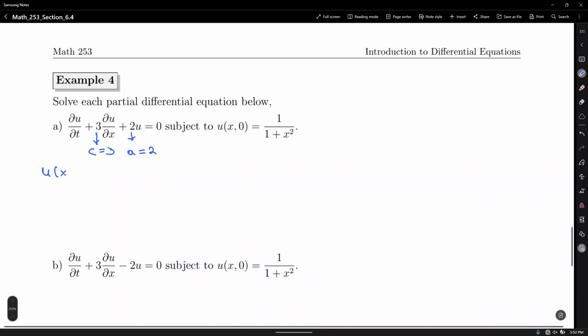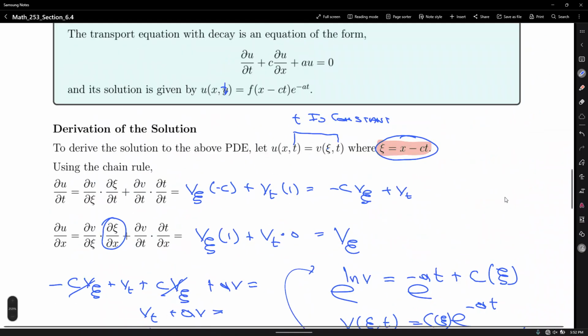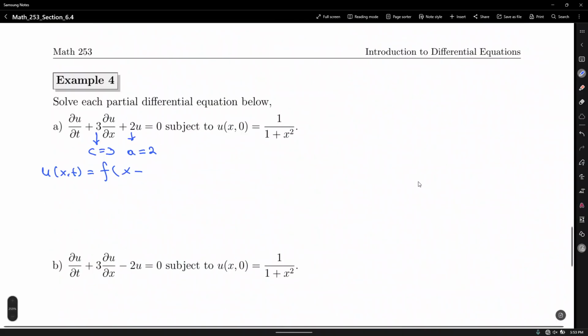So the solution u of x, t equals, what is that? f of x minus, remember? f of x minus ct times e to the negative at. Okay? So f of x minus 3t times e to the negative 2t. So that's a general solution. That's it. We're done solving this particular PDE, but actually just a general solution.